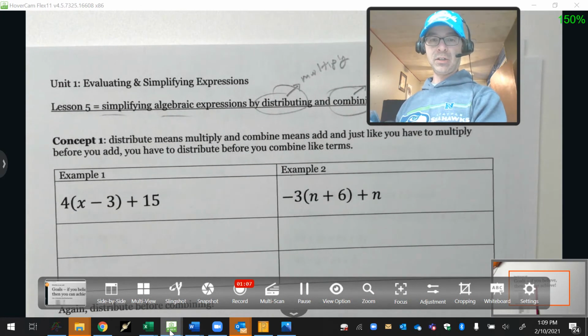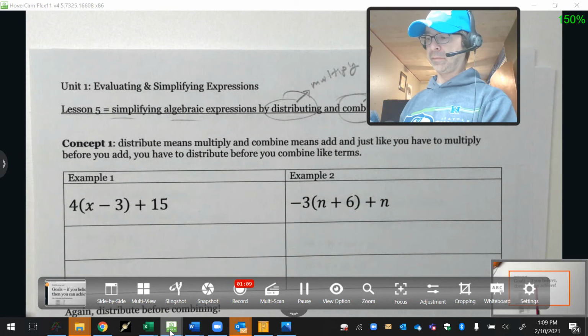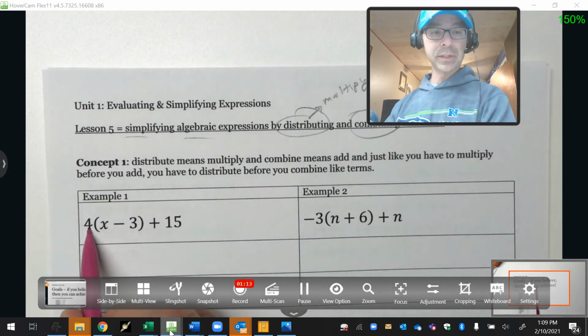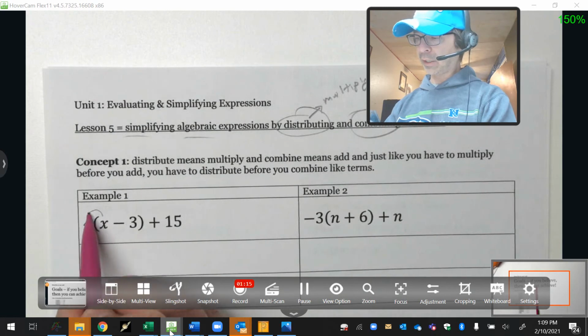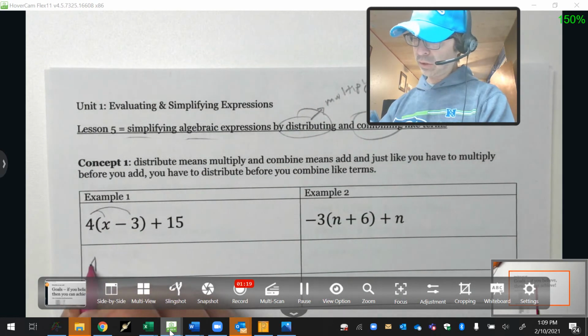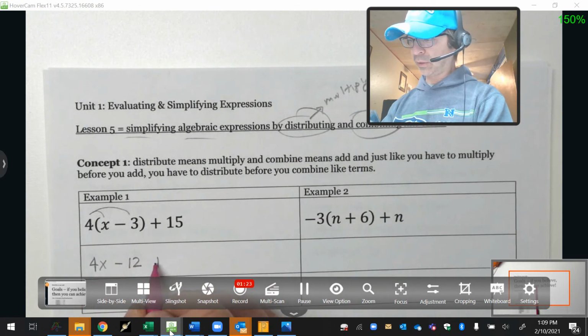So, here we go. You are going to multiply, or distribute, same thing, the 4 with the x and the 4 with the minus 3. And you get 4x minus 12, and then just bring that plus 15 straight down.